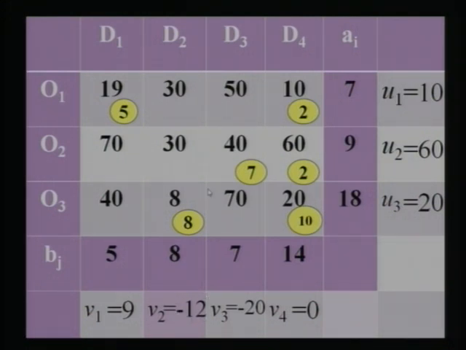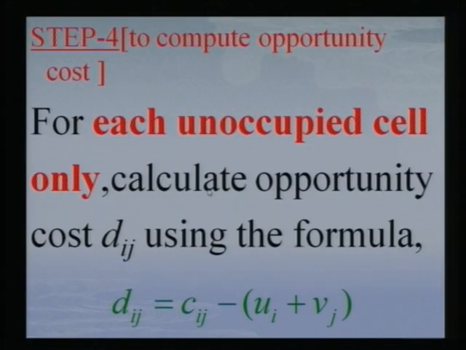Now the next step is to calculate the opportunity cost. We want to compute opportunity cost values, and this is to be done only for unoccupied cells. Means the cells having no yellow circles in simple language, or for each unoccupied cell we calculate the value of Dij using this particular formula.